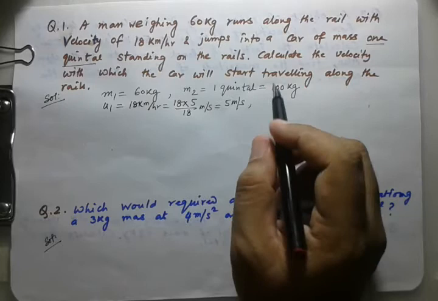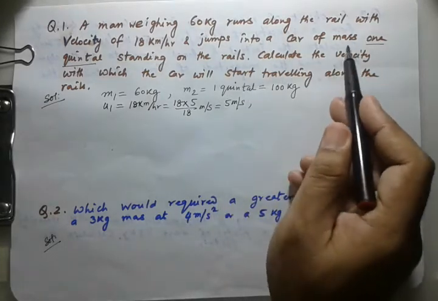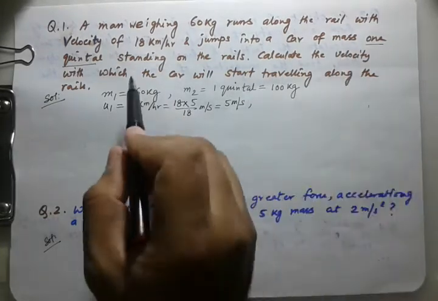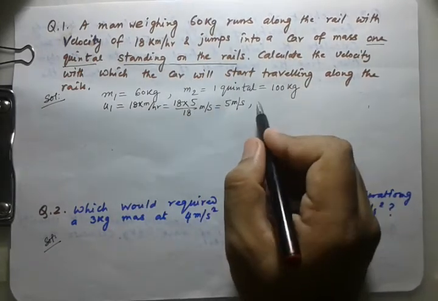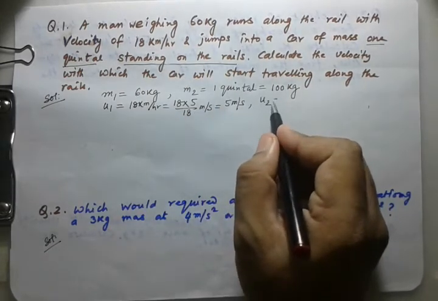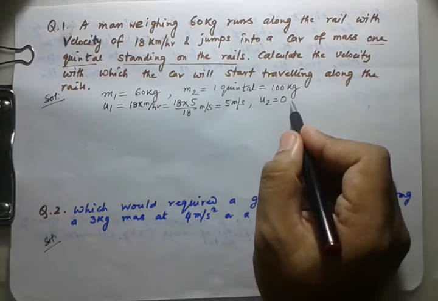And the car was at rest, standing on the rail. It is given standing on the rail, so that means it was at rest. So you can write U2 is equal to 0 meter per second.